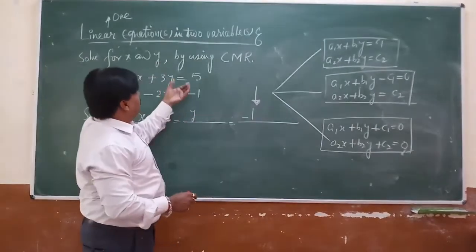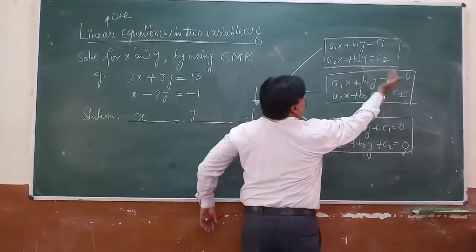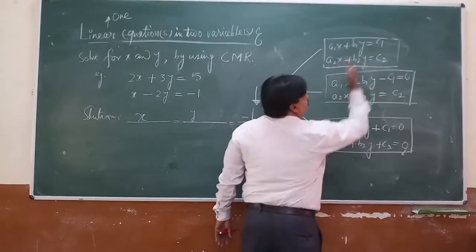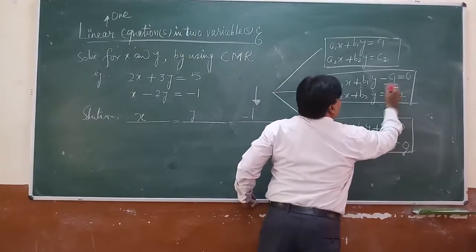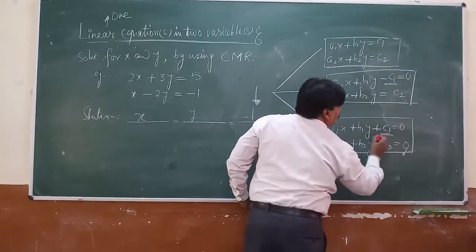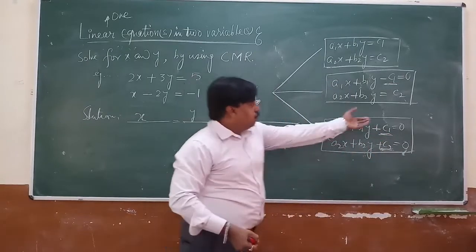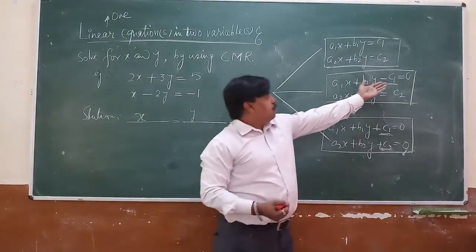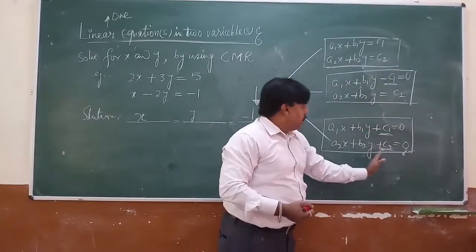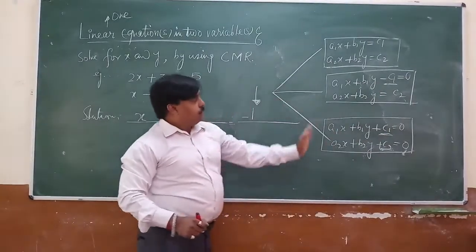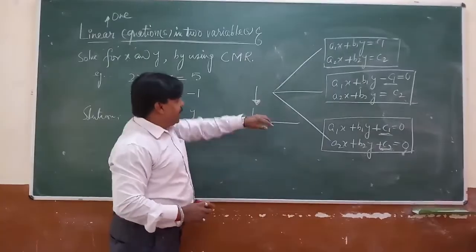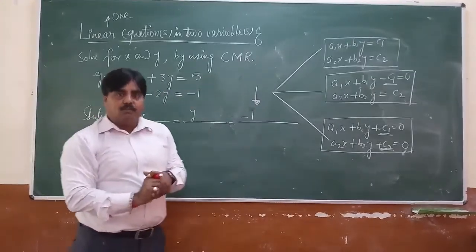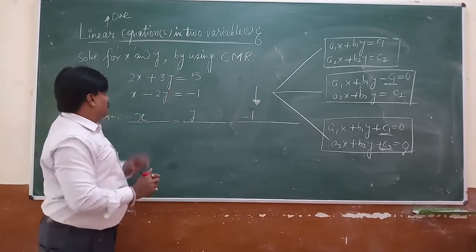But I always advise, if one of the constant terms is given on the left side, or both are given on the left side, you must transpose the constant terms to the right hand side and then take the minus 1 here. If one is given on the left hand side, transpose it to the right hand side. If both are given on the left hand side, transpose both terms to the right hand side. So we take minus 1 in case both the constant terms are on the right hand side of the equations.